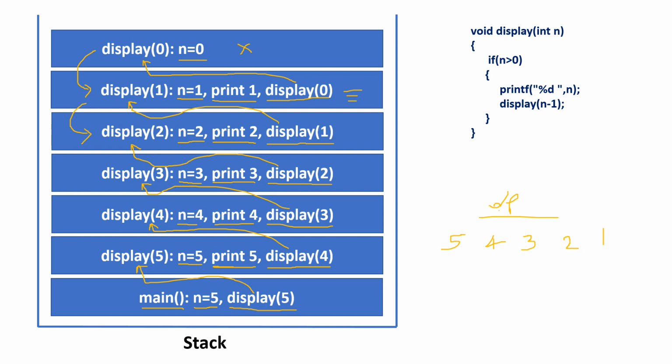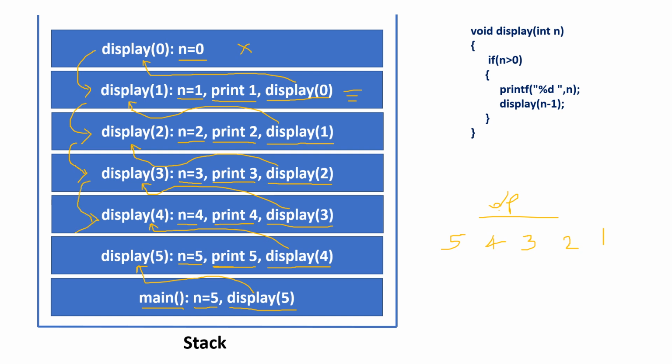Similarly, once the display of 2 function is completed, the control returns to display of 3, and display of 2 is removed from the stack. And once display of 3 function is completed, it will be removed from the stack and the control returns to display of 4.